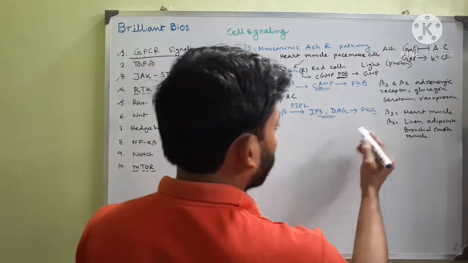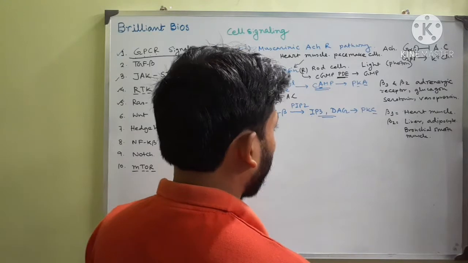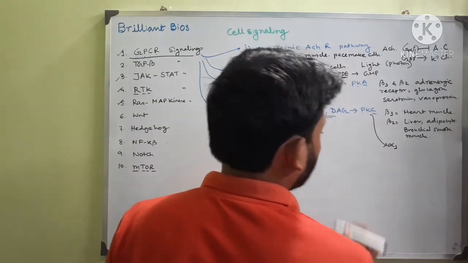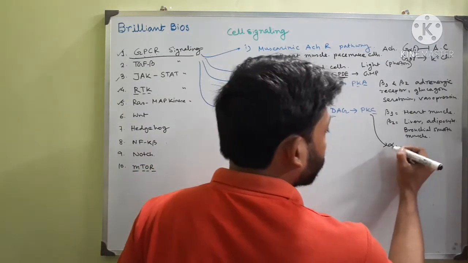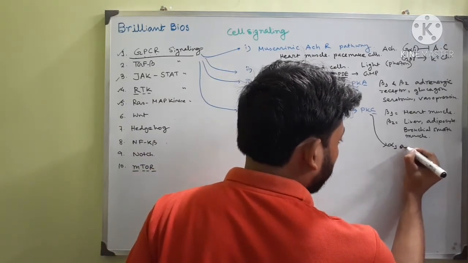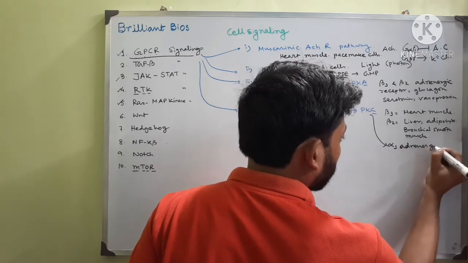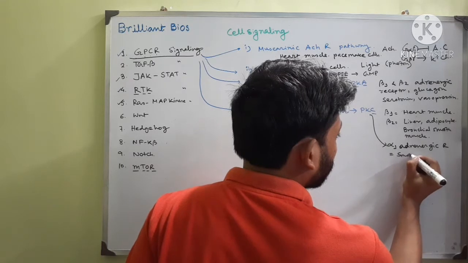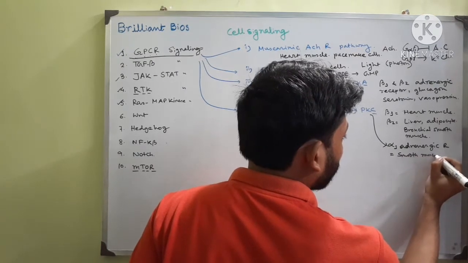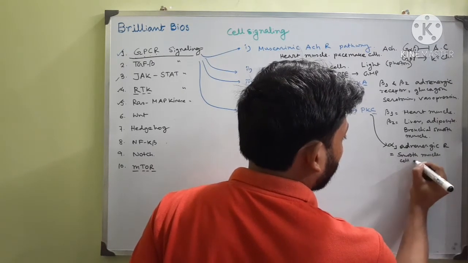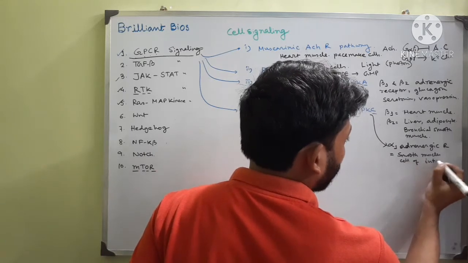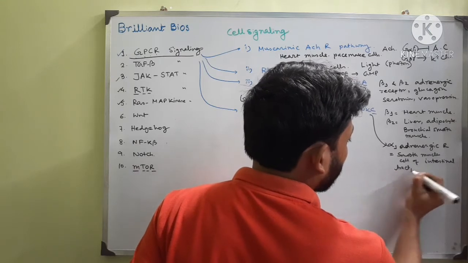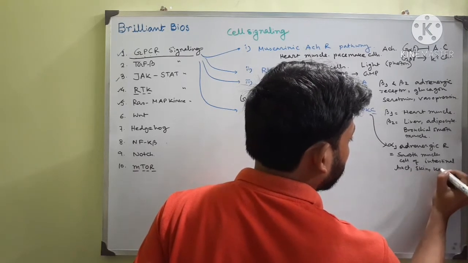This type of activation occurs in alpha 1 adrenergic cells. In case of alpha 1, this process occurs. What happens here? The alpha 1 adrenergic receptor is present in cells like smooth muscle cells of the intestinal lining or intestinal tract, and in skin and kidney cells.